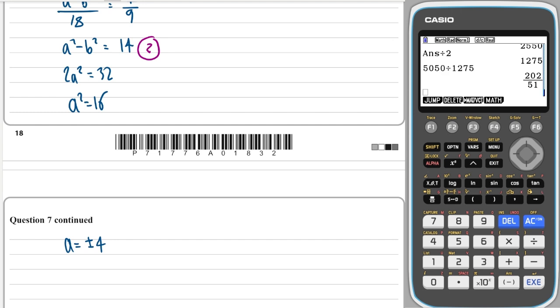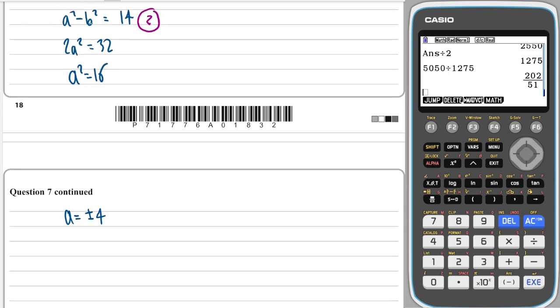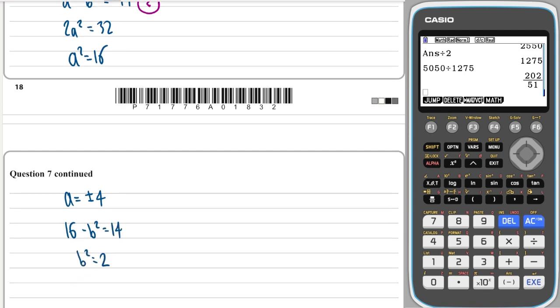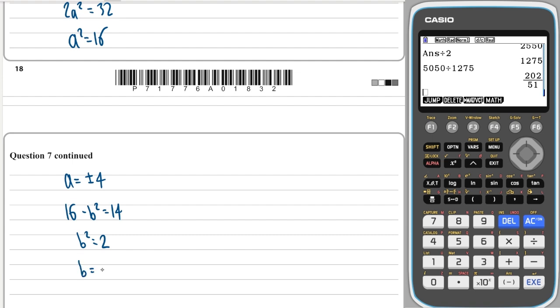And then subbing back into the second equation, if a is plus or minus 4, a squared will be 16 regardless. And minus b squared is equal to 14. So b squared is equal to 2. So b is equal to plus or minus root 2.